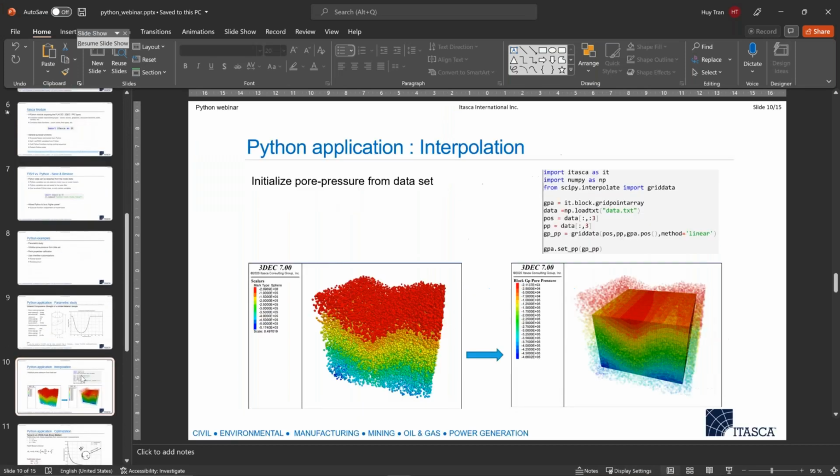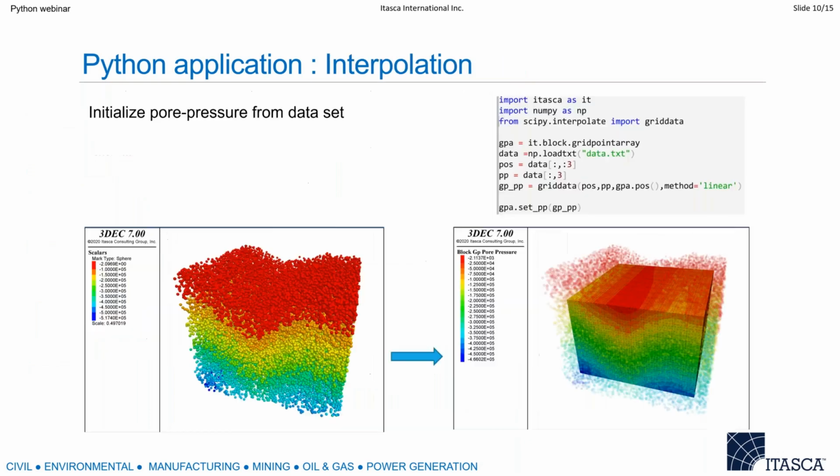The next example is a very common situation where I want to initialize the pore pressure from a data set. I have some data sets that you can see here, and the problem is that the positions of the point cloud are not exactly the same as the positions of the grid points in my model.